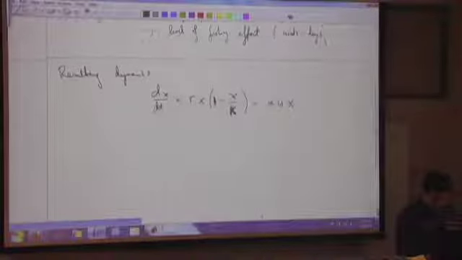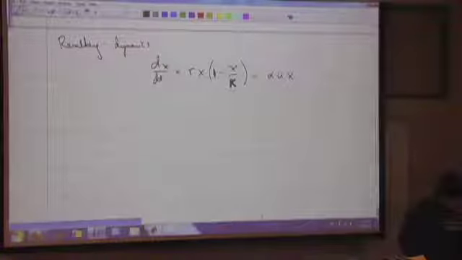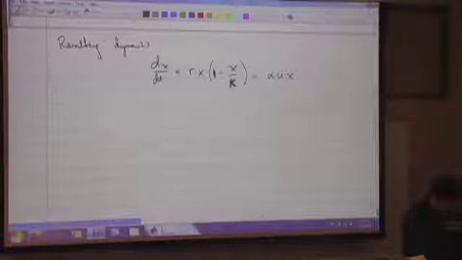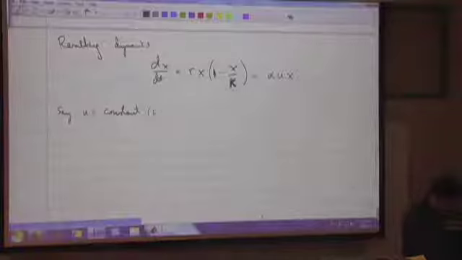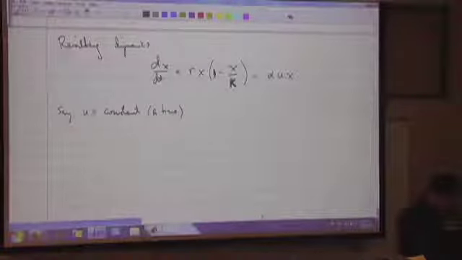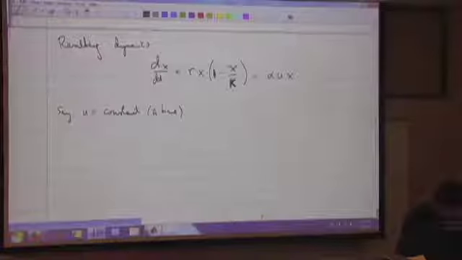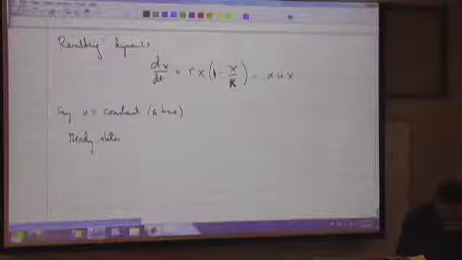And you can do other things based on this. So for instance, let's imagine u is constant, and constant in time, I mean. Then one can find the steady states. So let me identify: this is the growth rate.